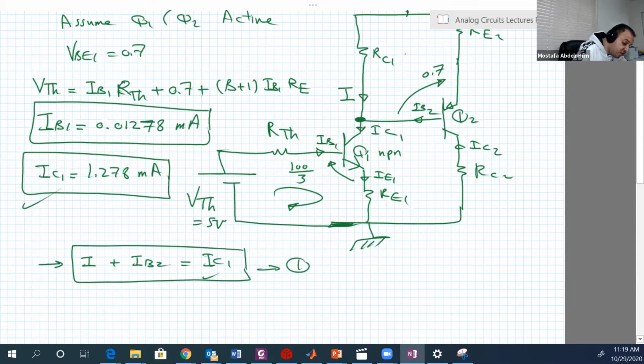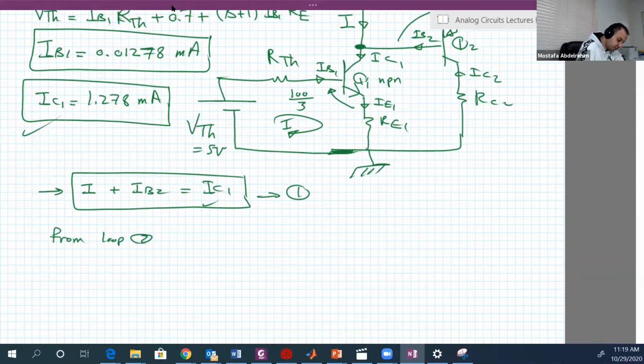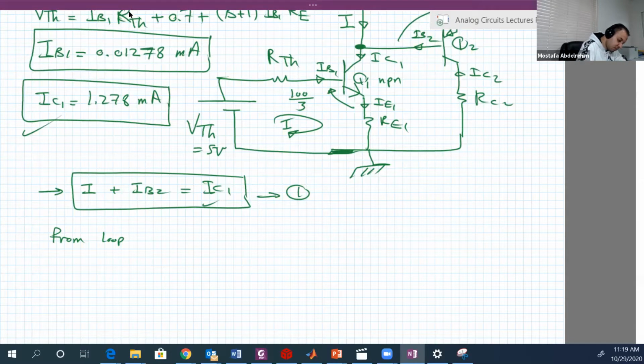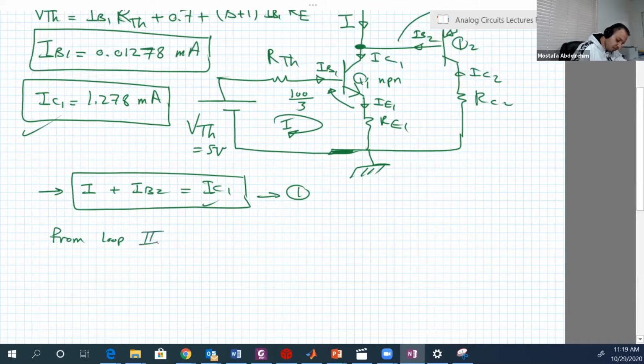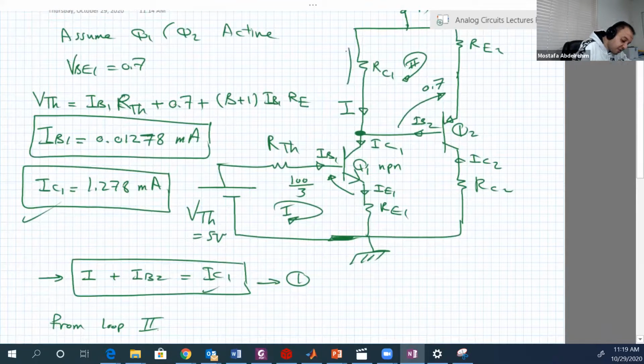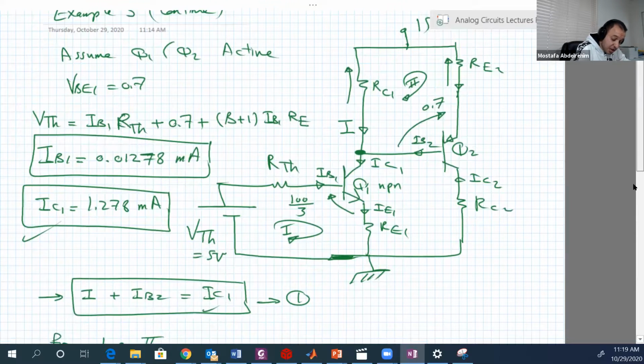Good. How about this loop? Let's call it loop 2. Let's write the equation for loop 2. We have this voltage I RC1, and the current is flowing in that way, and we have VBE, or VEB, I'm sorry.